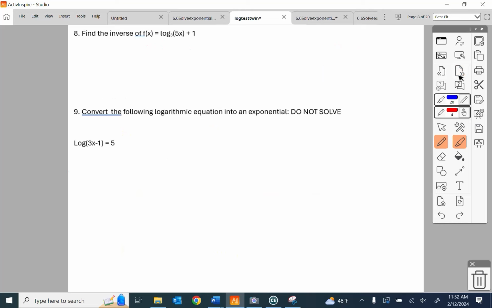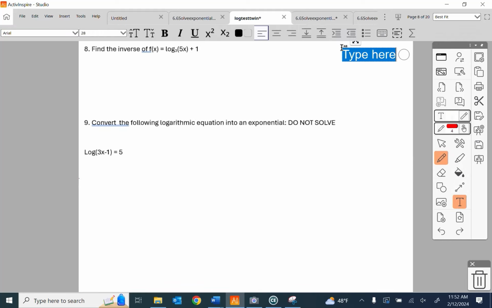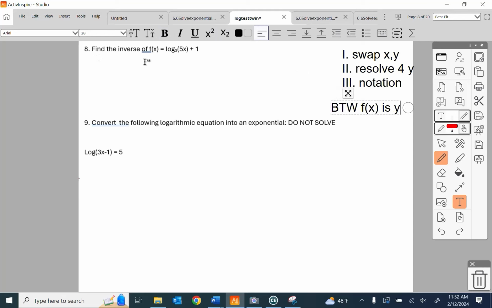Find the inverse of this logarithm. And again, our 3 steps were pretty simple. It was swap x and y, resolve for y, and notation. So f of x, which is y, and by the way, f of x is y.